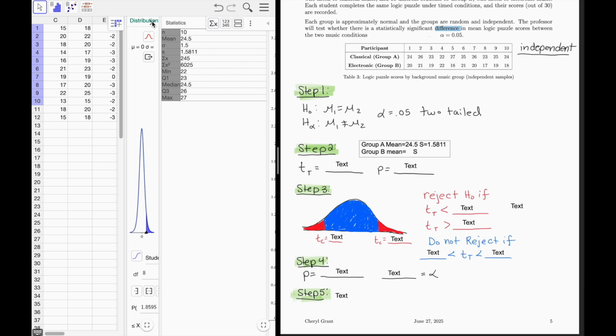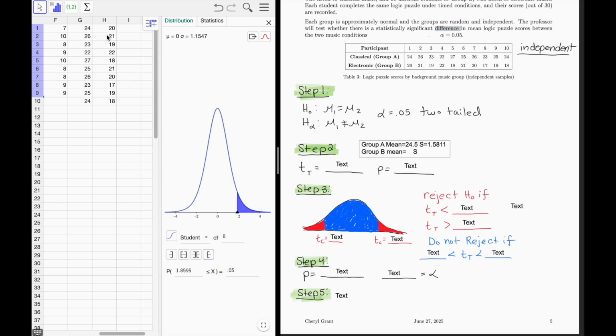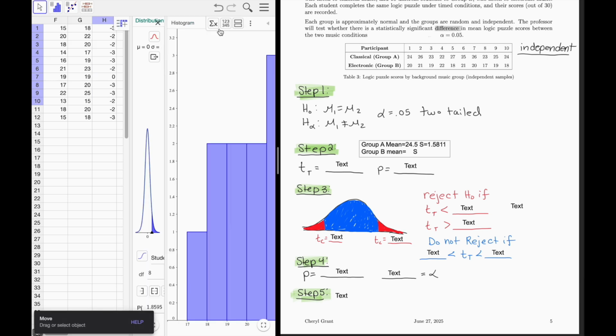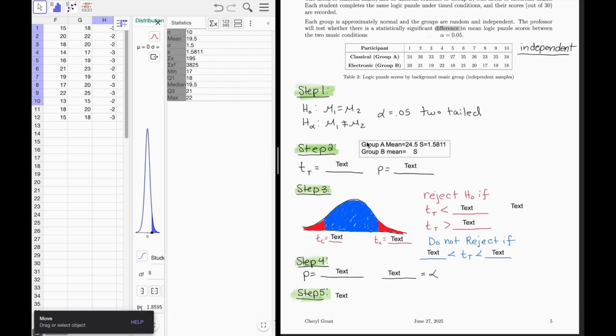Okay. So I'm going to close this out and start again. My values for group B are in column H, so I'm going to highlight that and go through the same process to get our statistics. So for group B, we have a mean of 19.5, and our standard deviation is 1.5811.